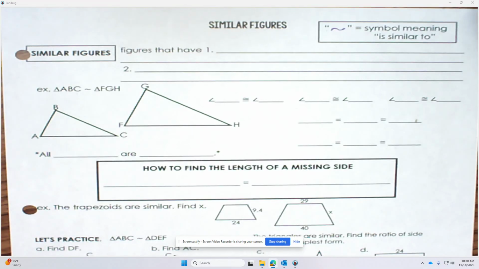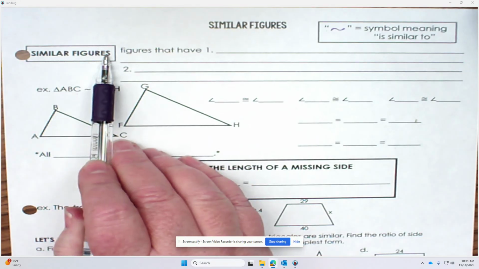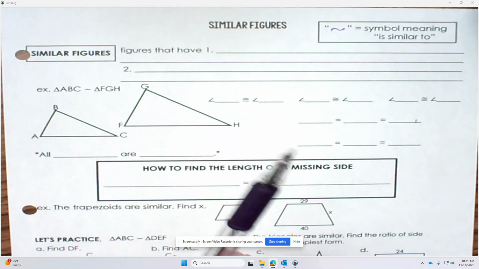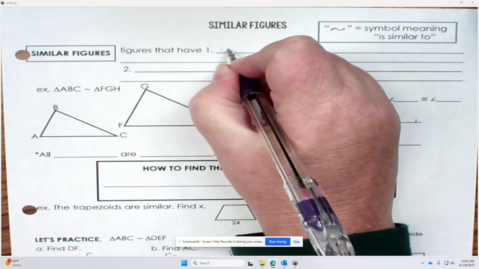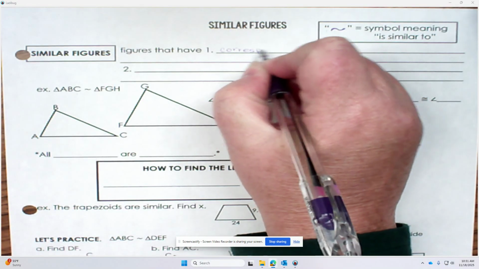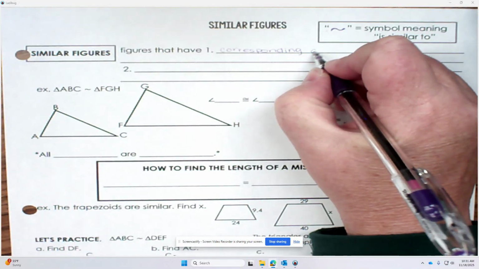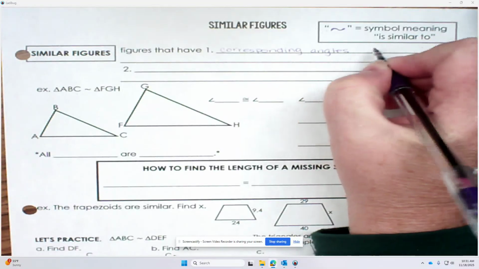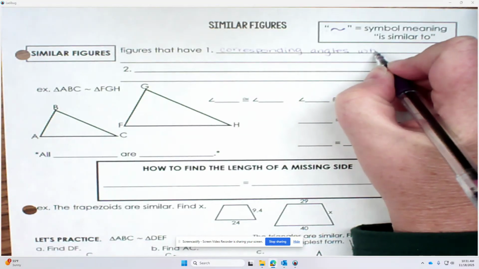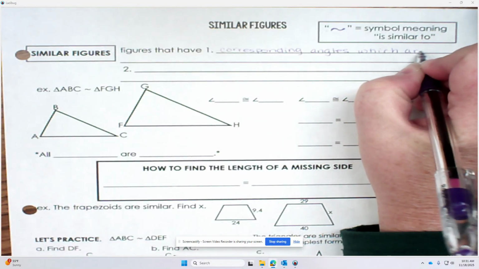So we're going to do an example. I'm going to ask you to have 3 colors of highlighter. 3 colors of highlighter will help you color code what's going on in these shapes and take it one step at a time. For similar figures, they have to have 2 things. One is corresponding angles, which are congruent.